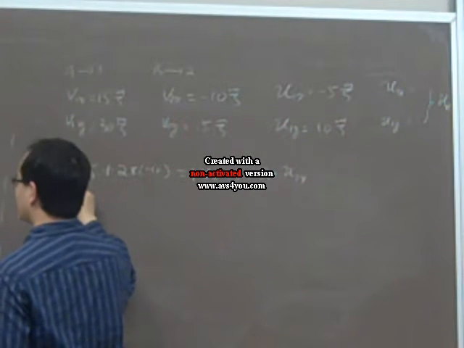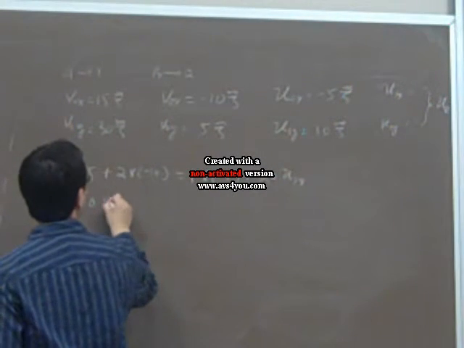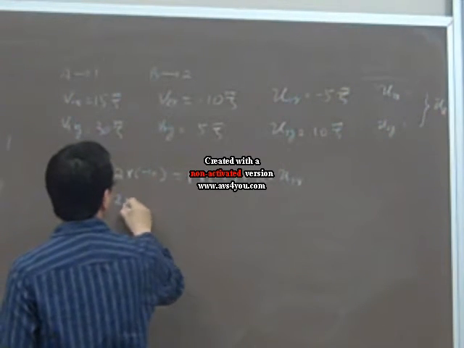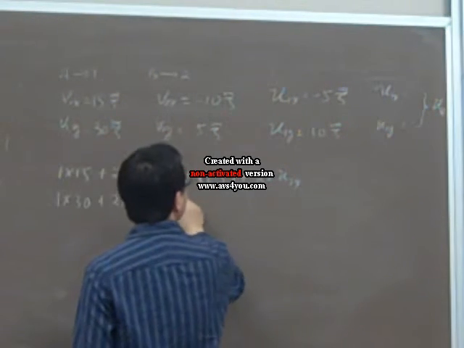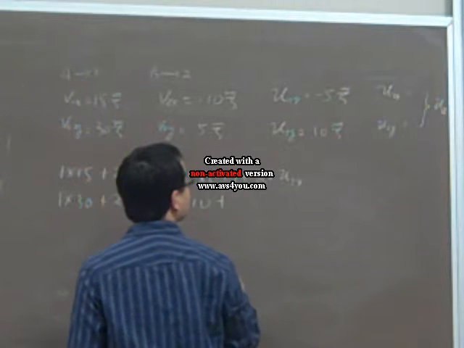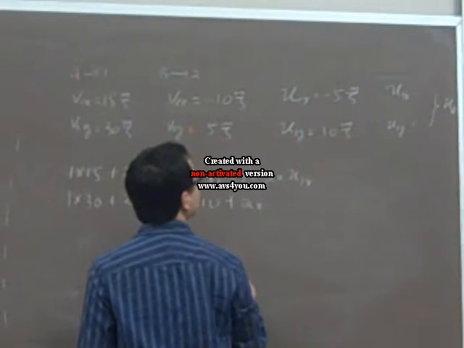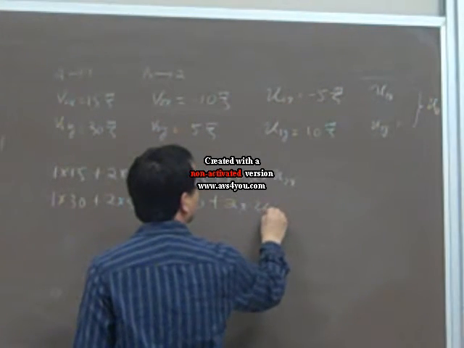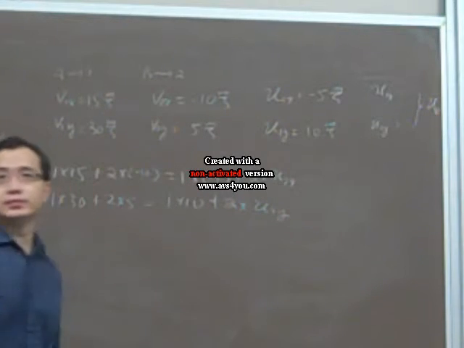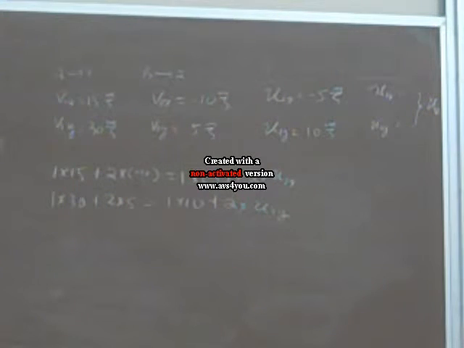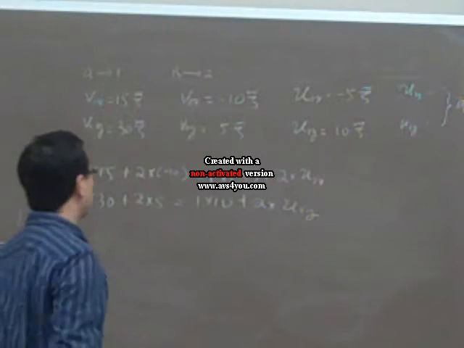And you get 1 times 30 plus 2 times 5 equals 1 times 10 plus 2 times u2y. Any question here? I'm just substituting these numbers.